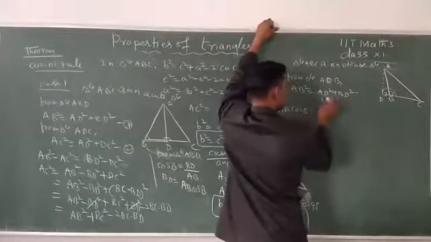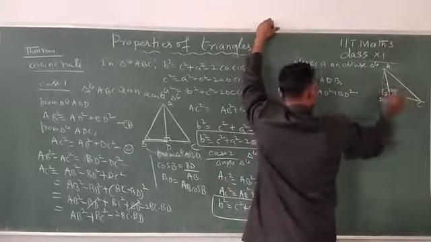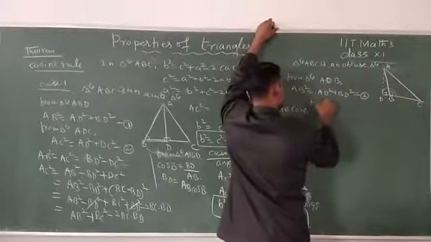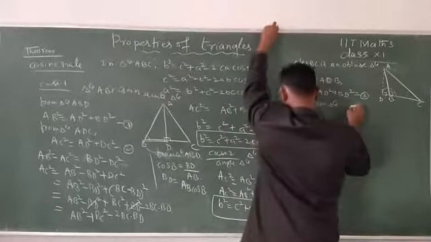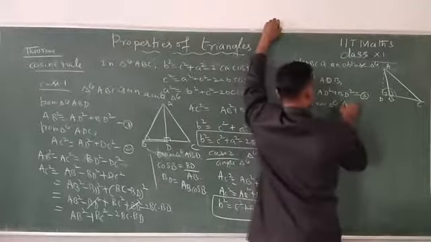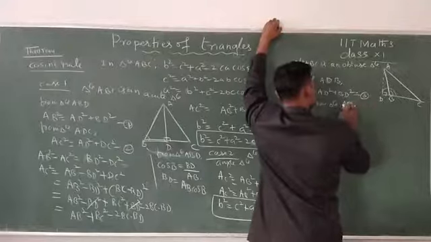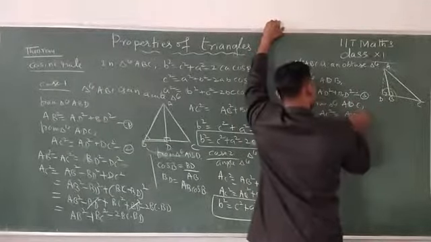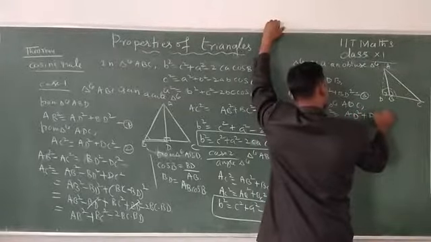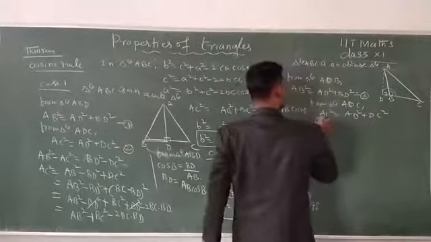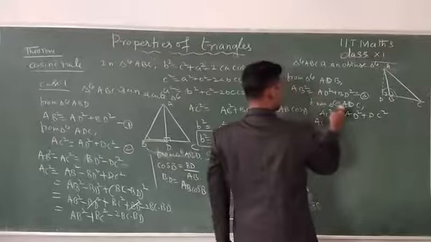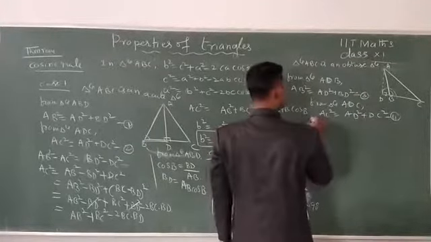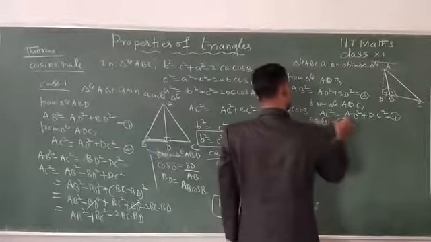Now you can take one more right angle triangle. From triangle ADC, AC square is equal to AD square plus DC square. This is equation 4, and that was equation 3. Now subtract equation 3 from equation 4.